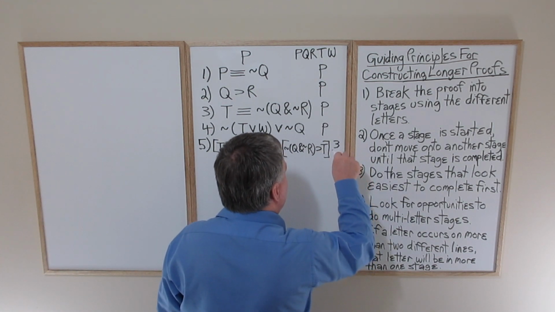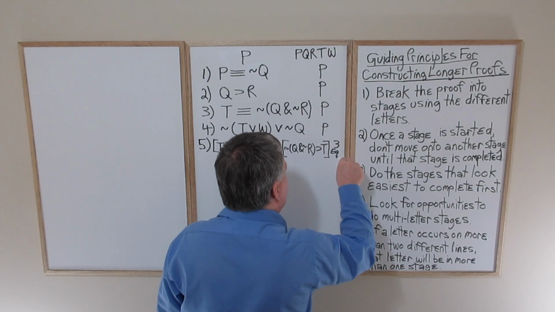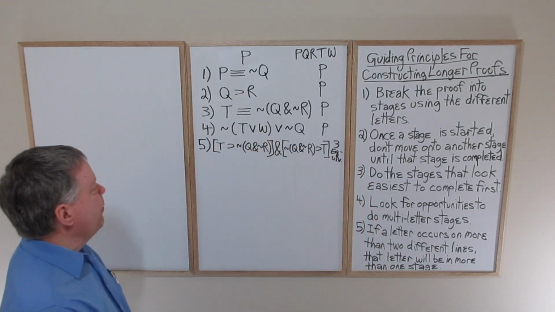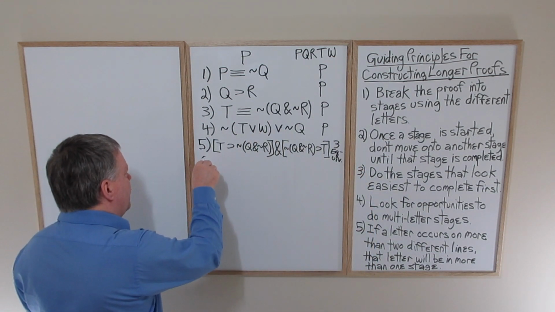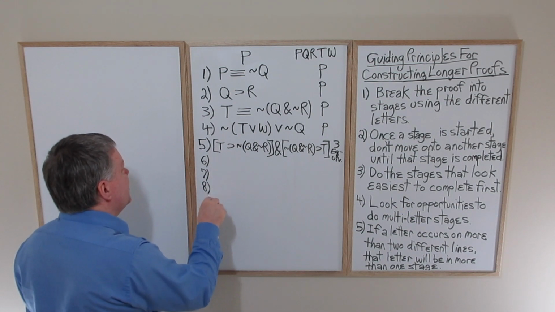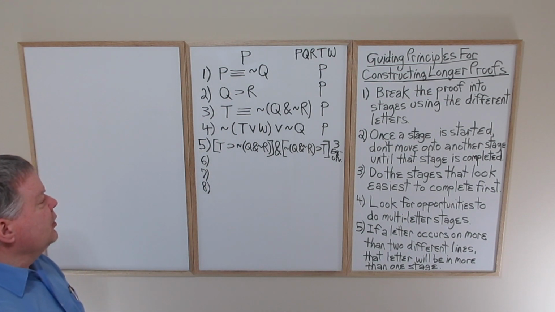That'll be 3 EQUIV. All right, now we'll move our attention to the information in line 2.